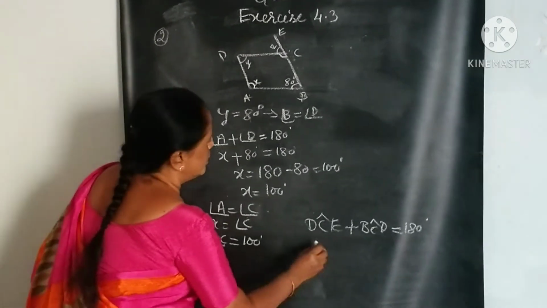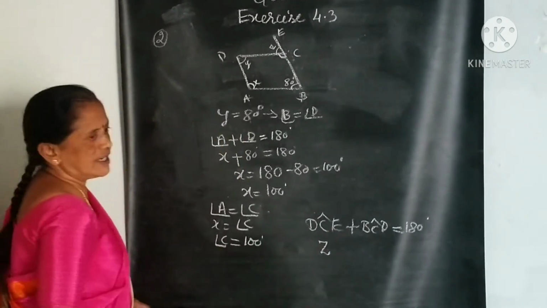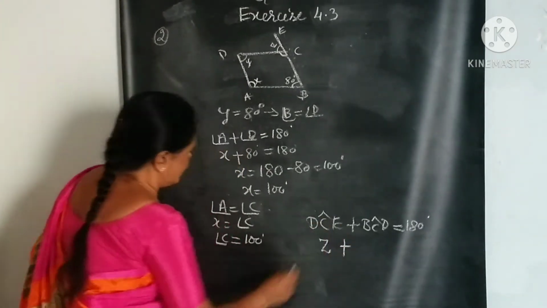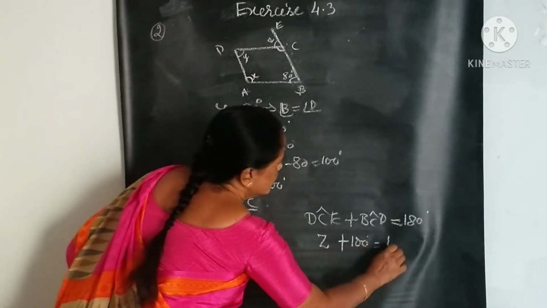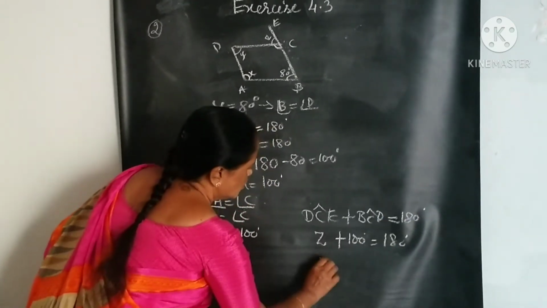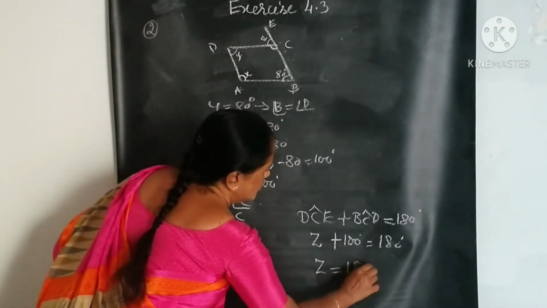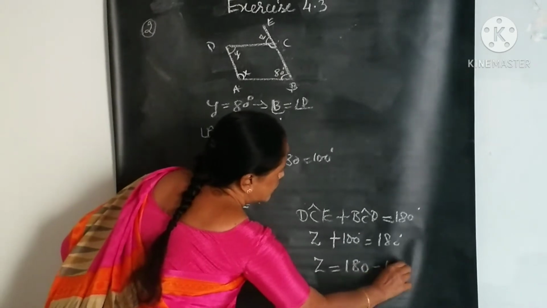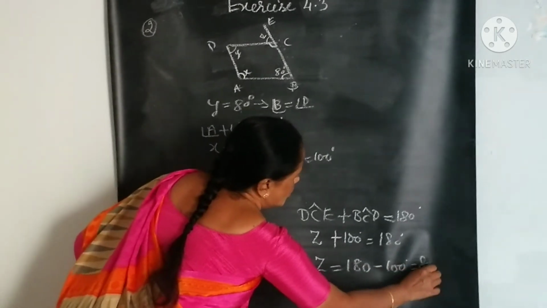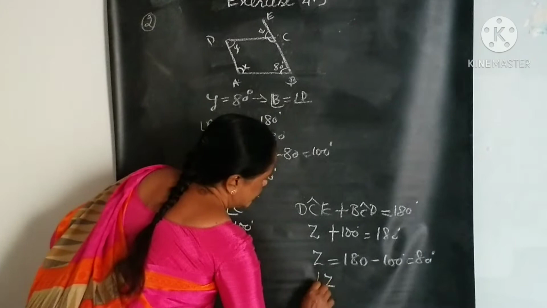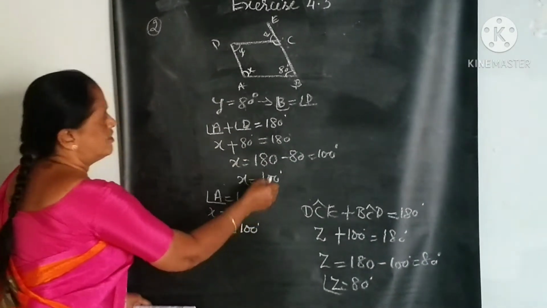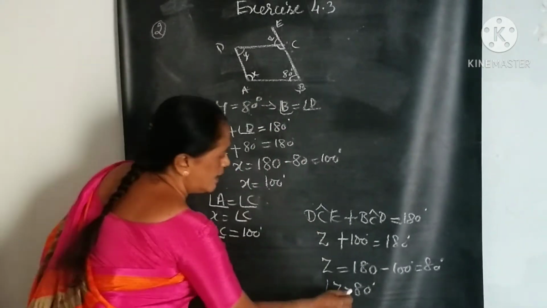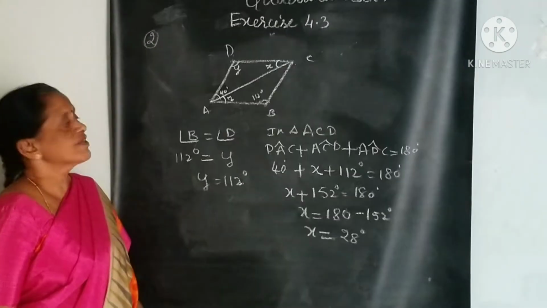So TCE, that is Z, plus angle BCD we already found, that is 100 degrees, equals 180. So angle Z is equal to 180 minus 100, that is equal to 80 degrees. Angle X is 100, angle Y is 80 and angle Z is 80 degrees.